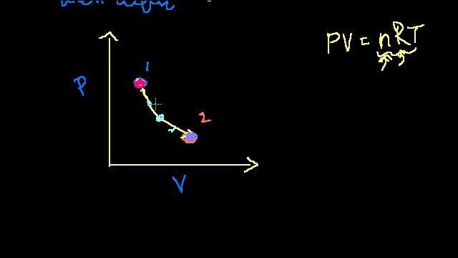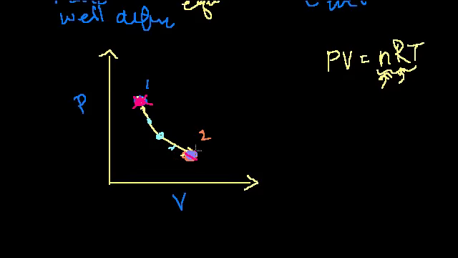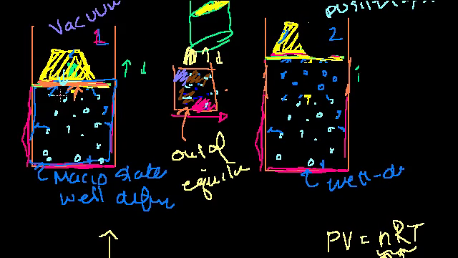So we're right here. My question in the last video was, how did we get here? Is there any way to have defined a path to get from our first state, where pressure and volume were well defined because the system was in thermodynamic equilibrium, to get to our second state? And the answer was no. Because between this state and this state, all hell broke loose.